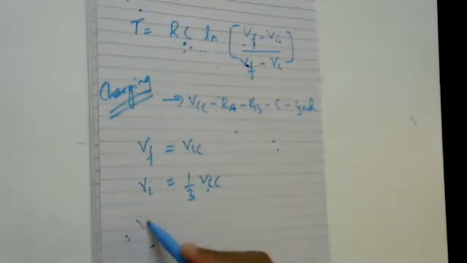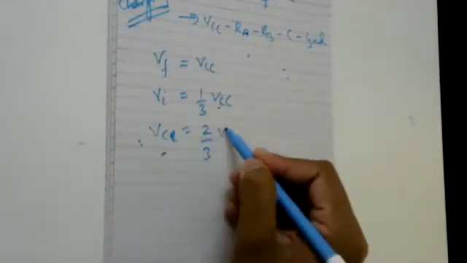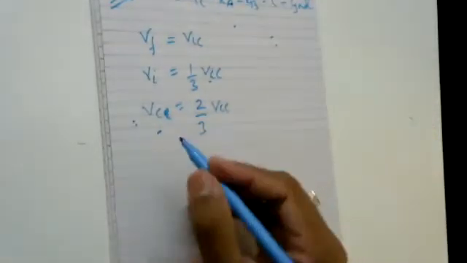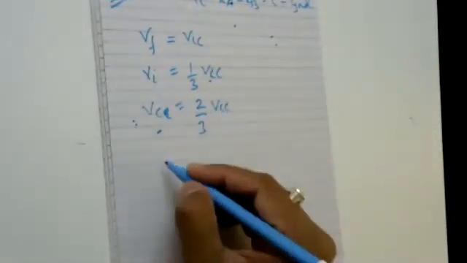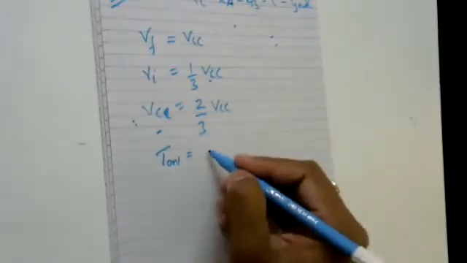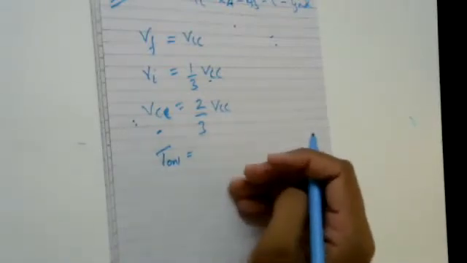Then what is the voltage across your capacitor C? The voltage across the capacitor C will be equal to this voltage, which is nothing but 2 by 3 times that of VCC. So you have to just put these values in this equation, wherein you will get the equation for the on time. T on is equal to R, where R is the resistance involved during the charging part.